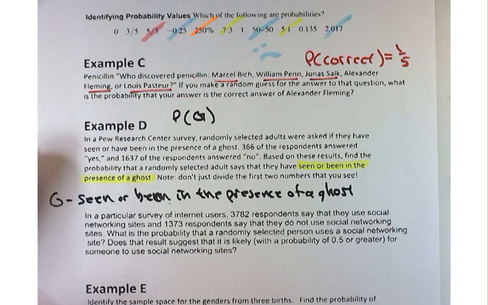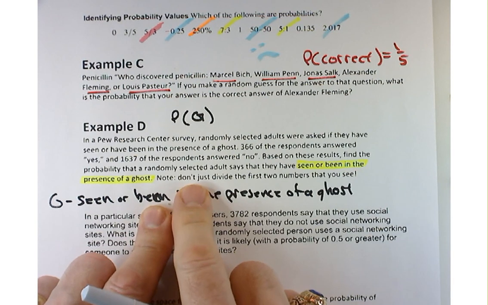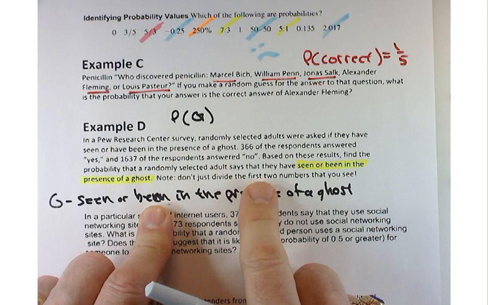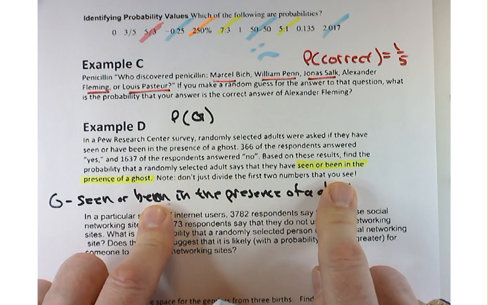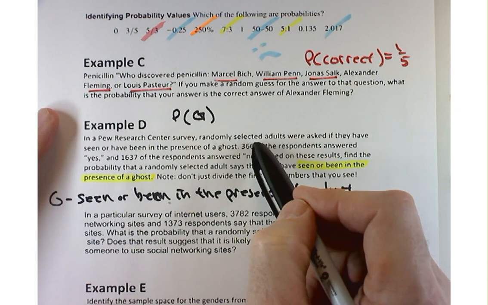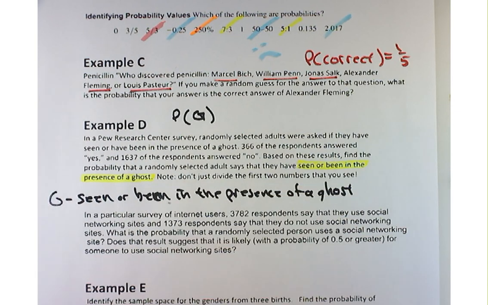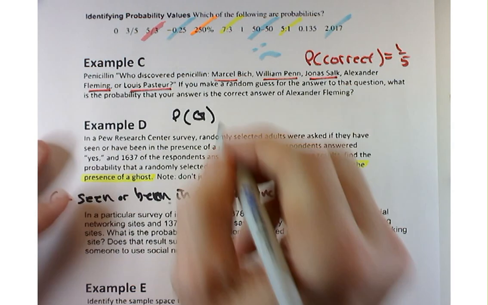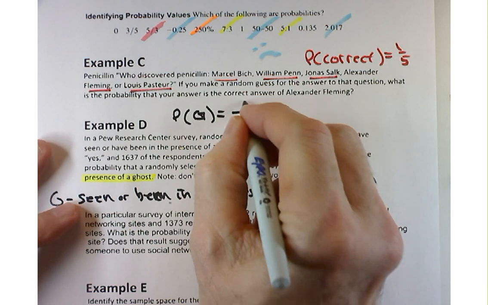Now, if you look carefully at the problem, I added a little note here. I said, don't just divide the first two numbers that you see. A lot of people, when they look at this, are tempted to say, oh, well, 366 divided by 1637. That would be wrong. We've got to think a little bit deeper here. The 366 part is our numerator.